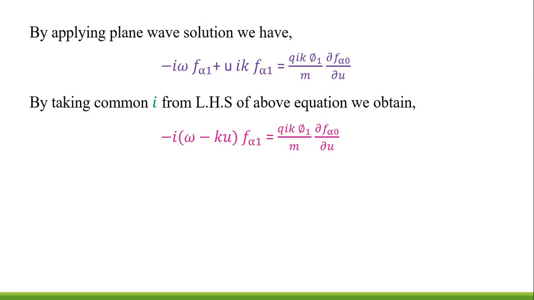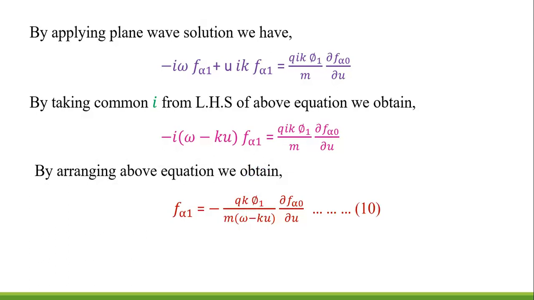And similarly, we can have the perturbed distribution function f alpha 1. From here, we can derive that this will be equal to minus q k phi 1 over m, where k is the propagation vector, phi 1 is the perturbed electrostatic potential, m is the mass of the particle. For example, if you are considering the electron, then this will be the distribution function for the electron, and this will be the mass of the electron.